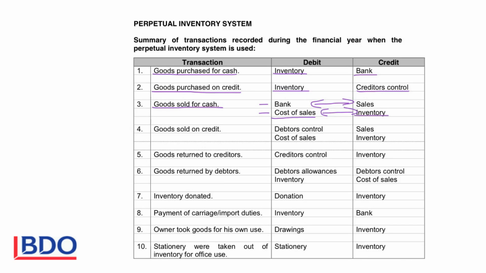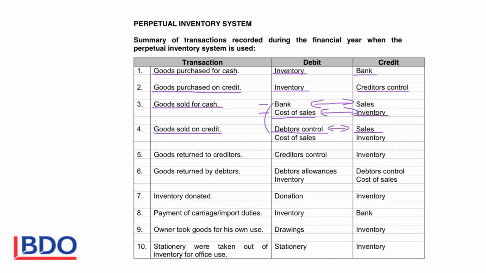When goods are sold on credit, we will do exactly the same as what we did for goods sold for cash, except that this is now a credit transaction, so the debtors control will be debited instead of the bank account. You will still credit the sales account because the amount that the debtors owe you is the sales figure, and your income must increase with the sales figure.